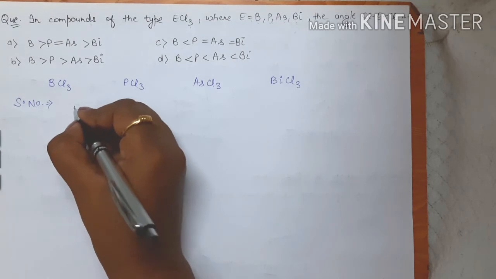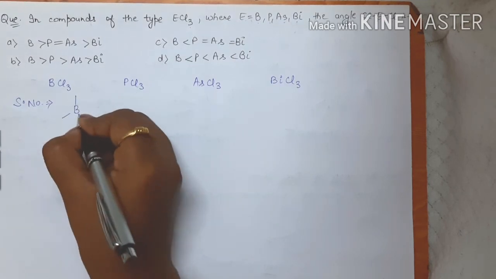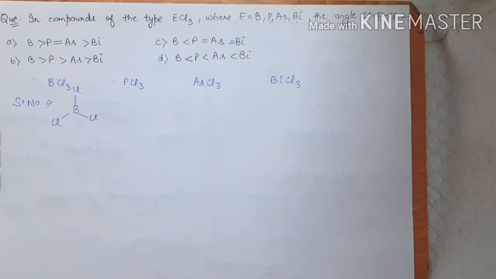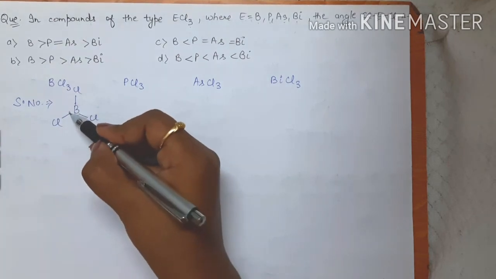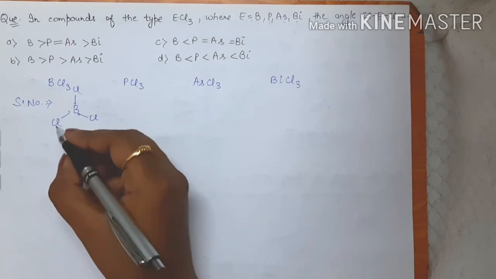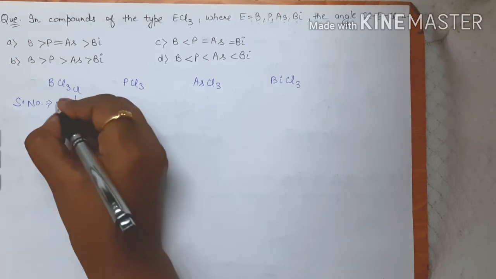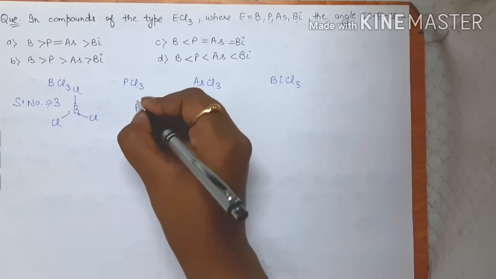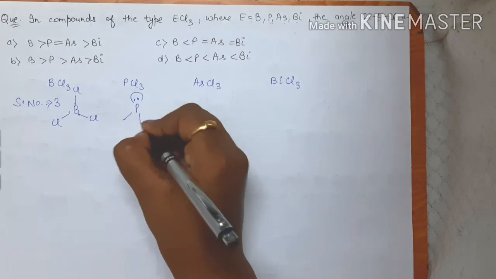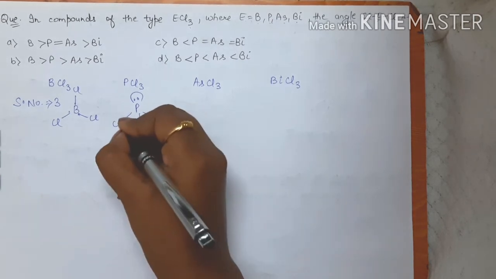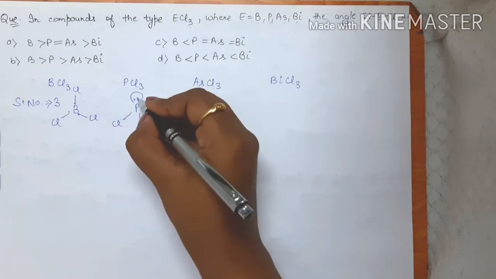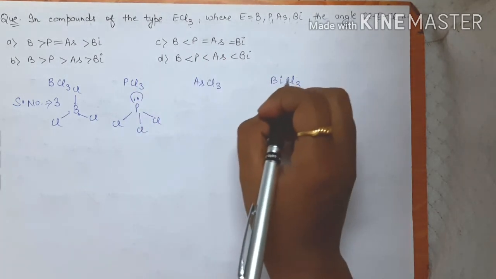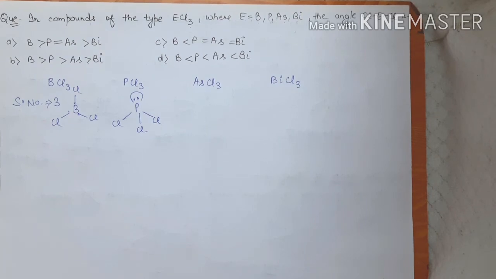In case of boron, it will be like this. Boron has 3 electrons in the valence shell, so each of these 3 electrons will be bonded to Cl, so here steric number will be 3. In case of PCl3, phosphorus will have 1 lone pair along with 3 Cl attached like this. We have practiced so many questions that we can make it directly, right?